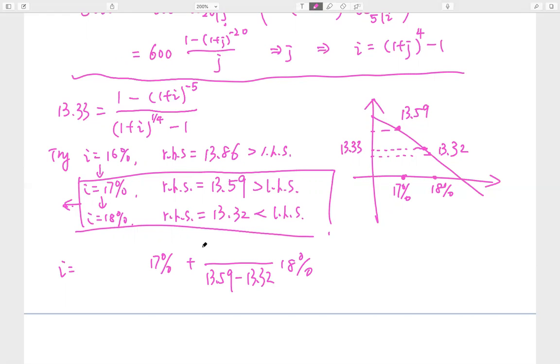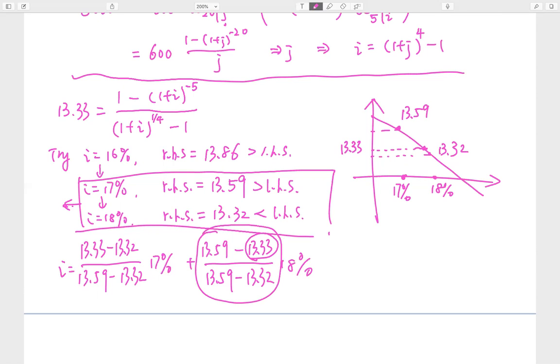So we should actually use this guy minus what you want. Okay, the other side is, okay. That's because even by looking at this graph, we know the true point is very close to 18. So that's why the weight is actually bigger for 18 than for 17. So in the end, I get the number is 17.96.